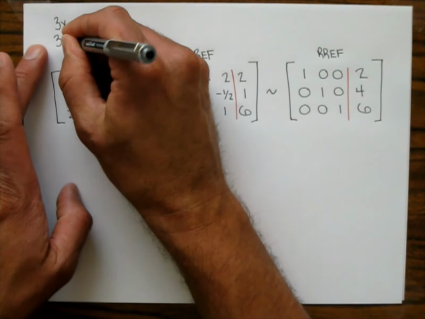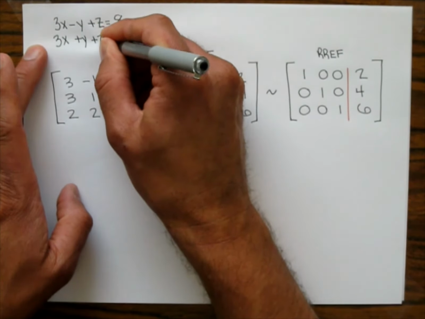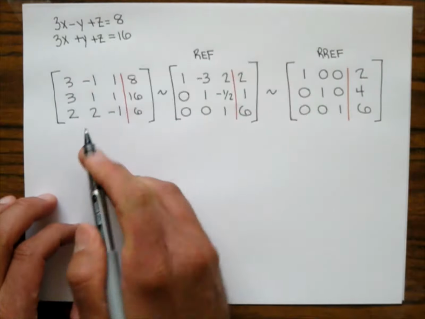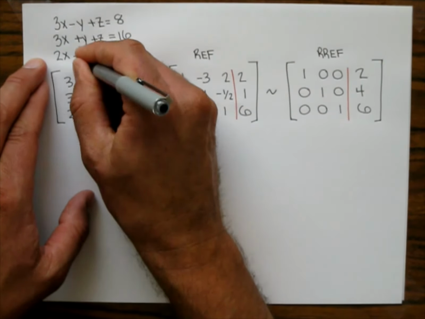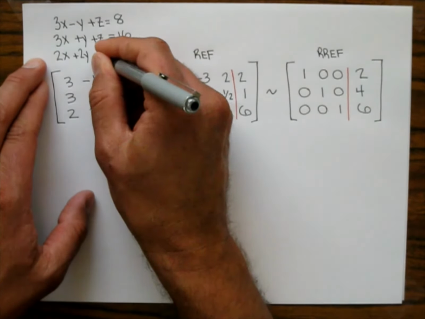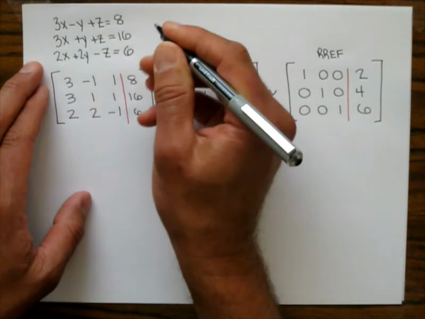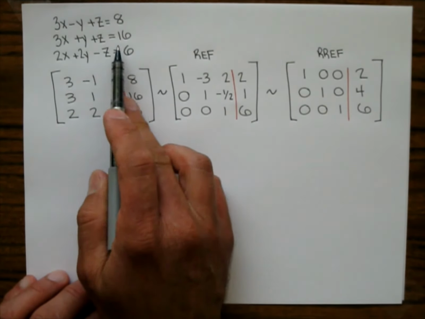So I'll write that down. 3x plus y plus z equals 16. And the last row is 2x plus 2y minus z equals 6. So you could have had a 3 by 3 linear system.